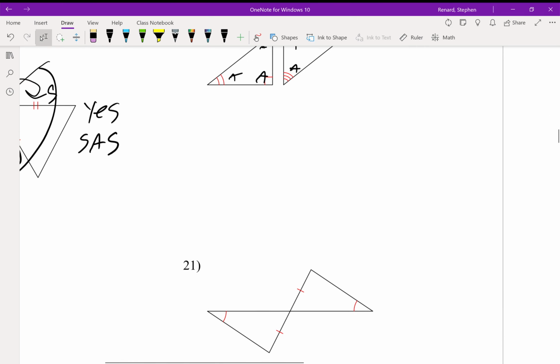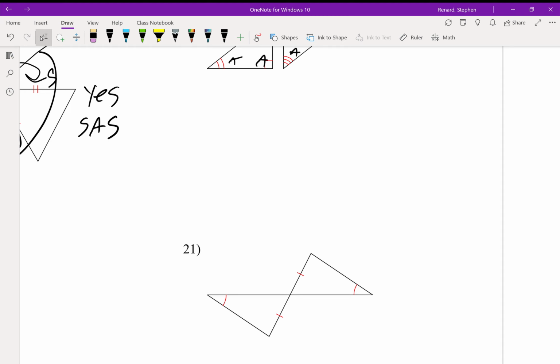We can draw similarity. If you're in the honors class, you know what that is. So we can say, not enough info. Why are we saying not enough info instead of no? It's because they could be congruent. We just can't prove it.